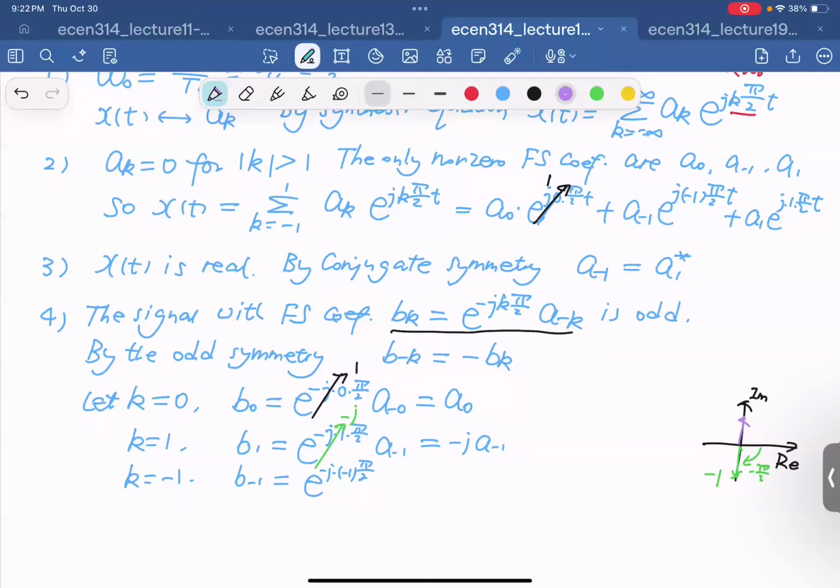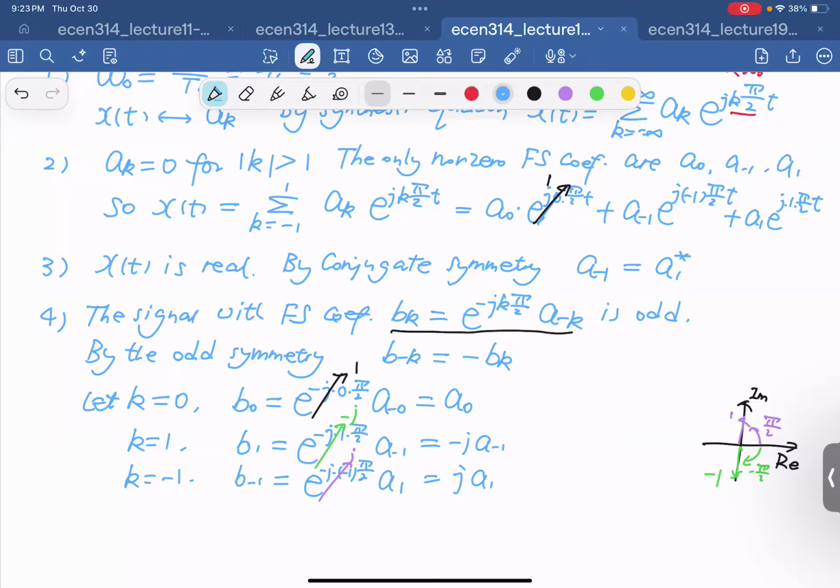Okay? And that gives us a j times a sub minus of minus 1, so that is a plus 1, so that is j a sub 1. Okay?